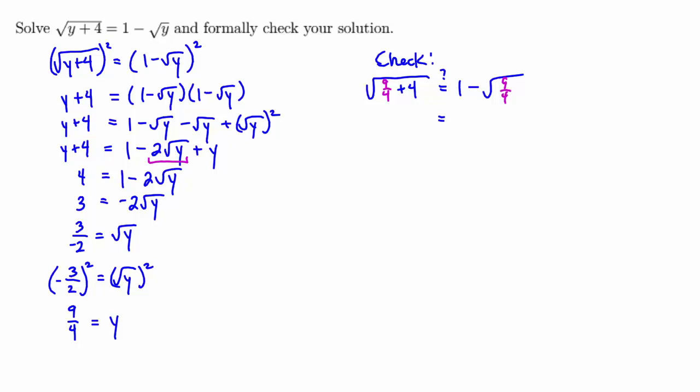To simplify that left side, I want to combine 9/4 and 4. I'll give 4 the same denominator by building it up to be 16/4. So I'll have the square root of 9/4 plus 16/4. And on the right side, I want to simplify this. That square root of 9/4 I can write as the square root of 9 over the square root of 4.